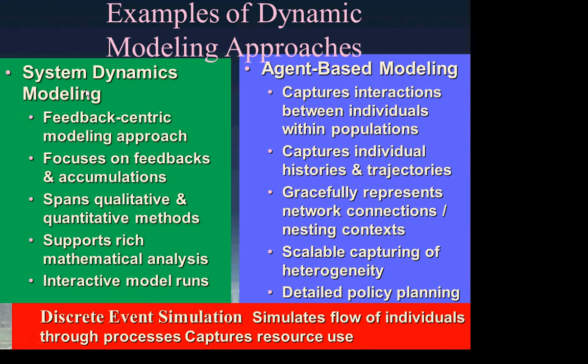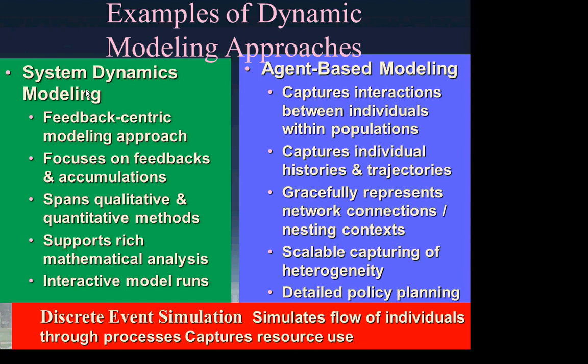In agent-based modeling, the dynamics and the emergence come about because of interactions between individual agents. Okay? And we'll see that these agents can be at different levels of a population. In other words, in a multi-scale model, we might have individual agents, we might have neighborhoods, which are themselves perhaps not agents, but collections of agents.